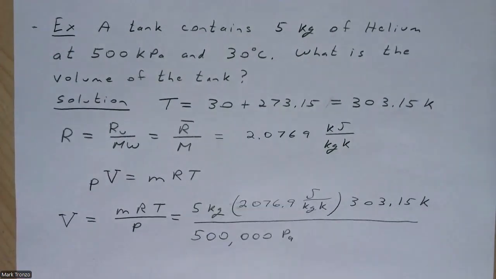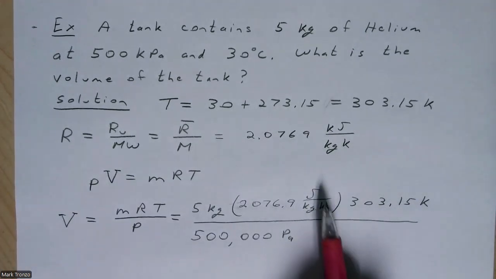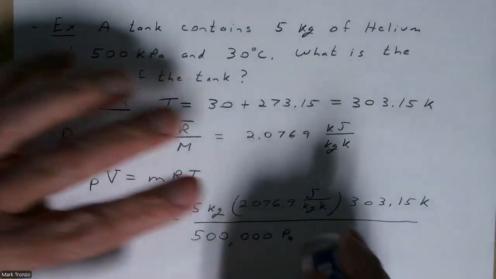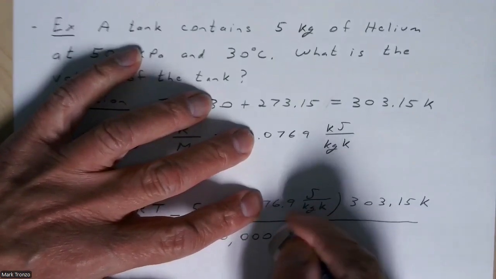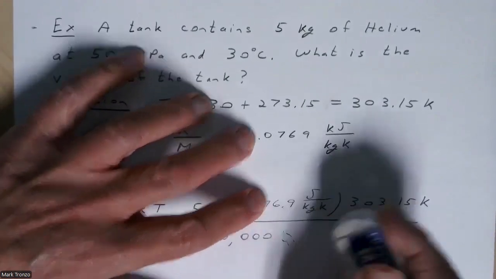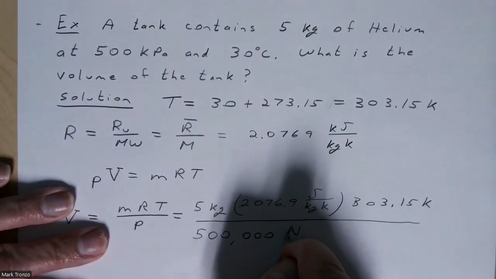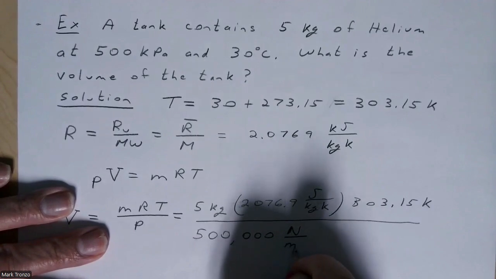Like this. Now we have to check our units. If you know just by looking at these how they cancel, that's fine. Let's go through just to see, for example, how the joules and the pascals work out. Remember, pascals are newtons per meter squared, so we can replace that. And remember, joules are newton meters.